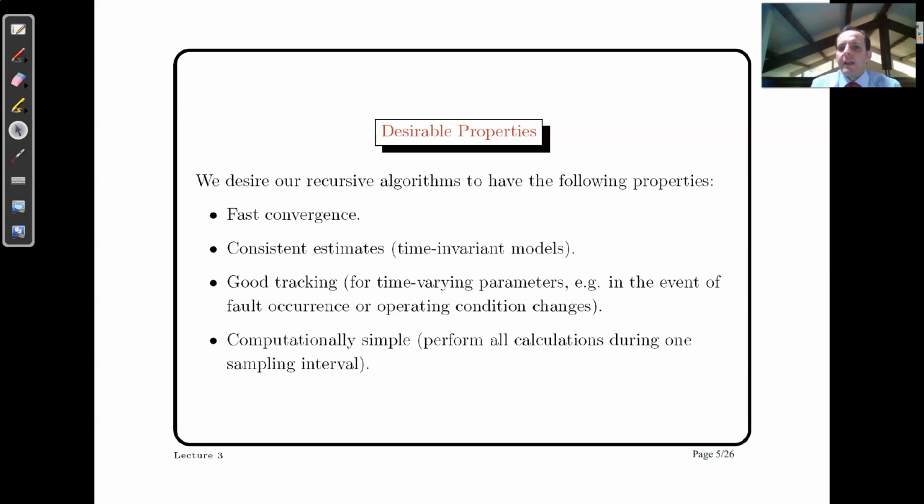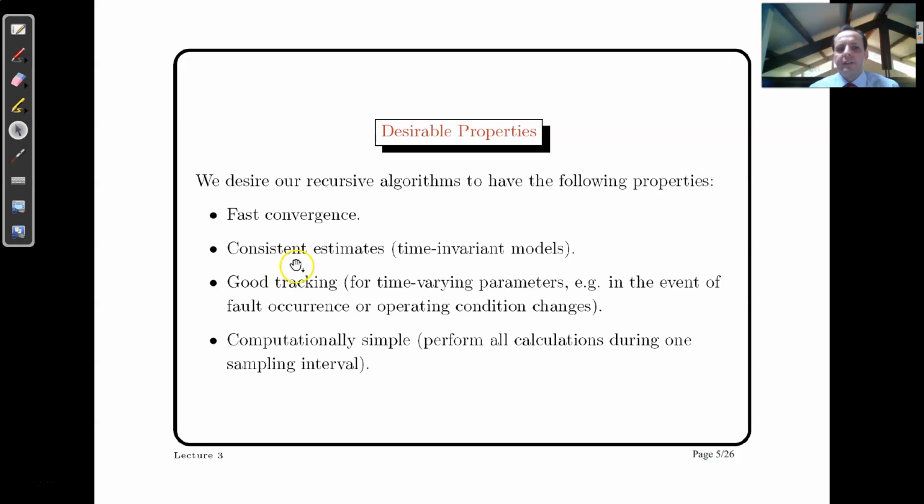If something is implemented in a recursive way, it means that you need to reach your steady state condition very quickly. So the requirement of fast convergence is normal, something also intuitive.